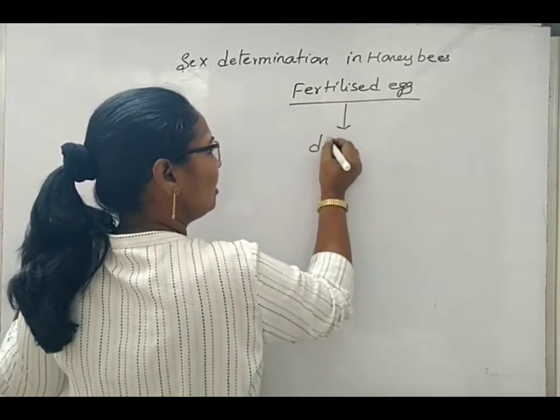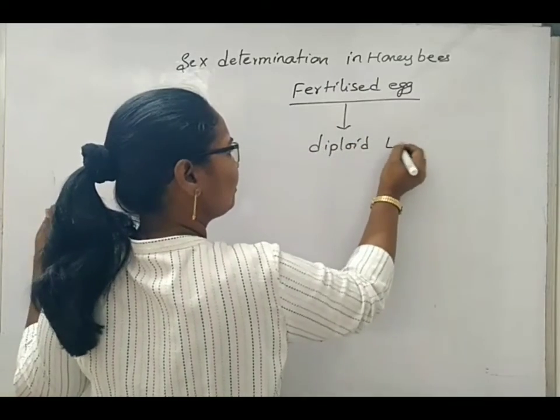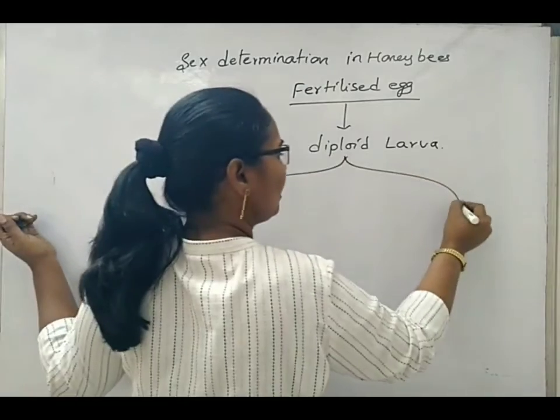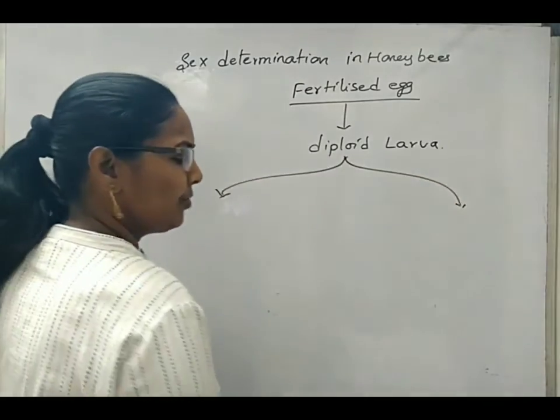In case of a fertilized egg, which produces a diploid larva, this larva is fed with two different types of foods.